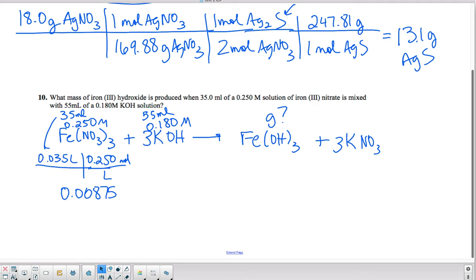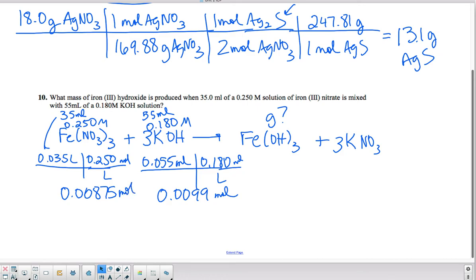That's what I got. And then I do the same thing here. I have 0.055 liters times its molarity of 0.180 moles per liter. I got 0.0099. 0.0099 moles.